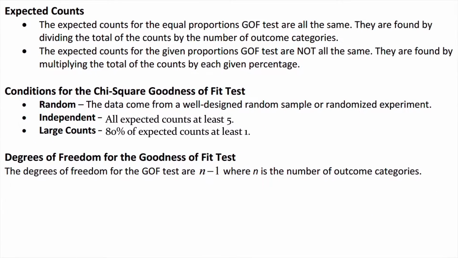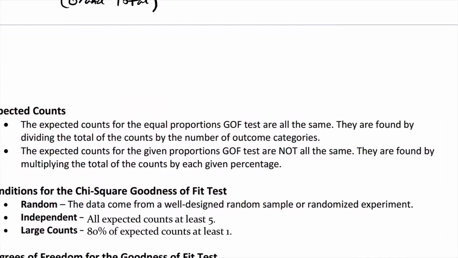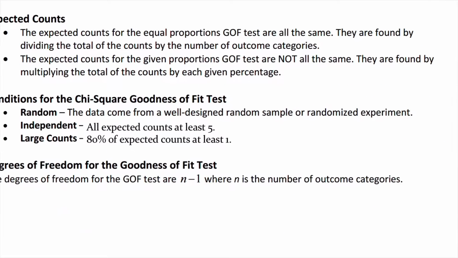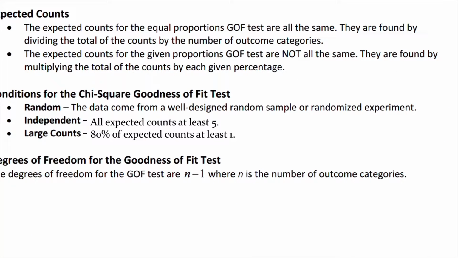One of our conditions are going to be a little different. So we have to calculate what's called expected counts. Part of our formula says expected counts. So in order to use the formula, I need to calculate expected counts. How do I do that? One of two ways.